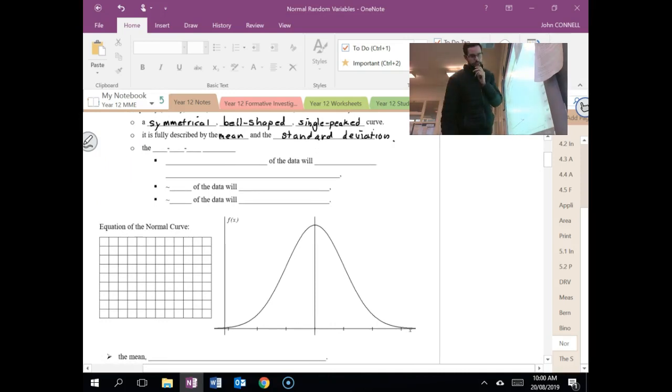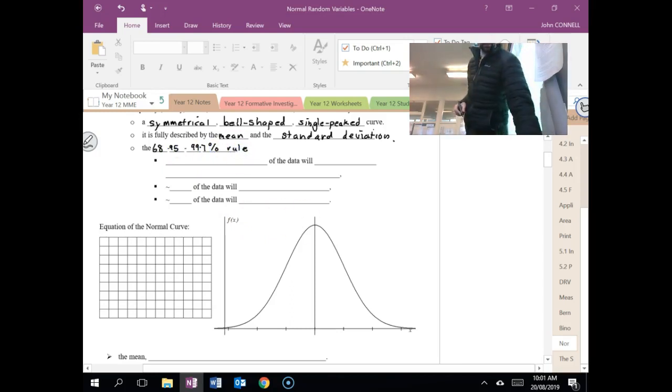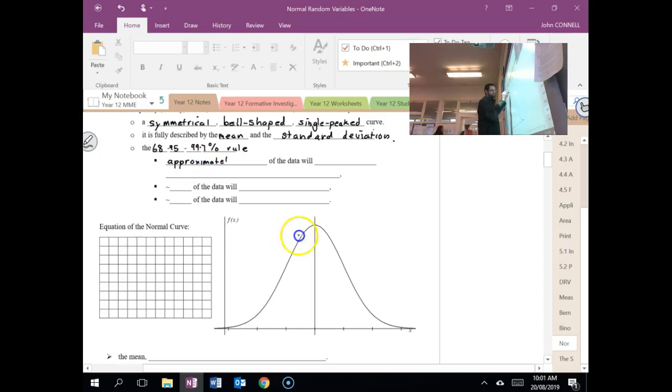And the other key thing is it's got this rule which we call the 68, 95, 99.7% rule. Now, what that means is that approximately 68% of the data will fall within one standard deviation of the mean.